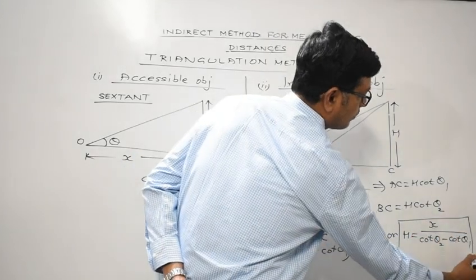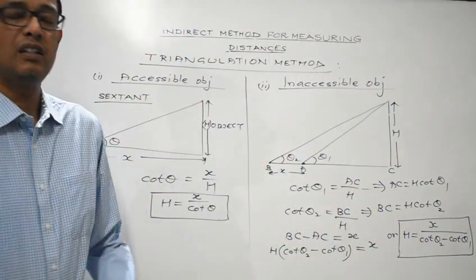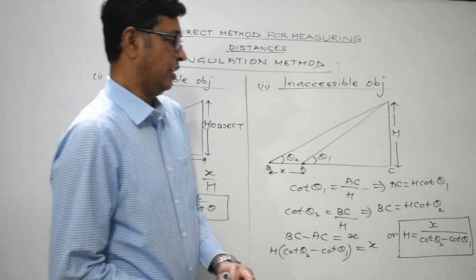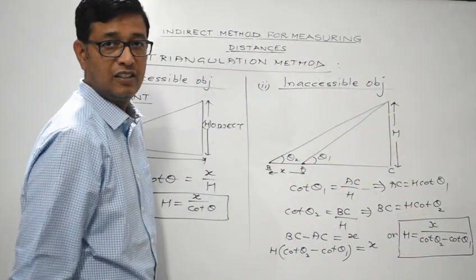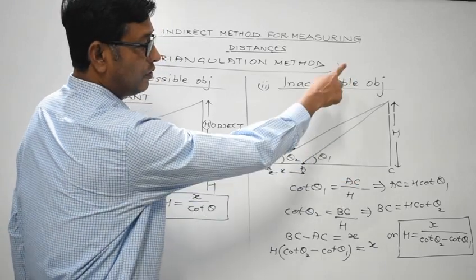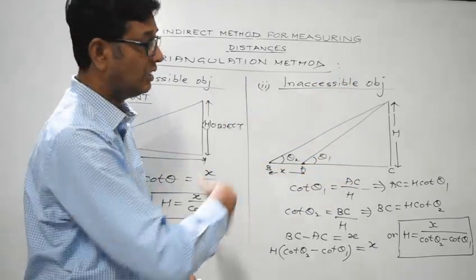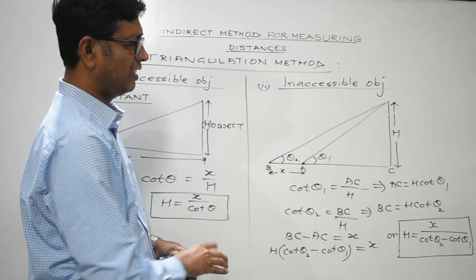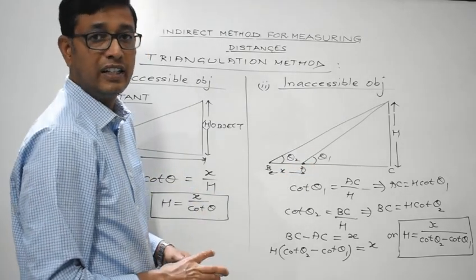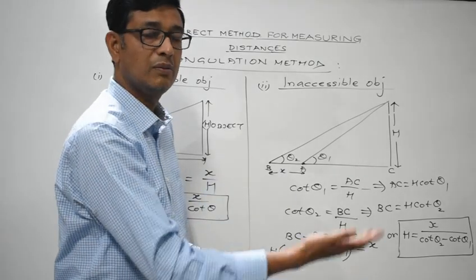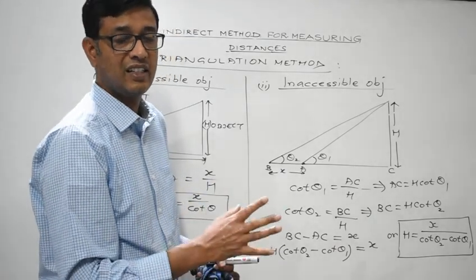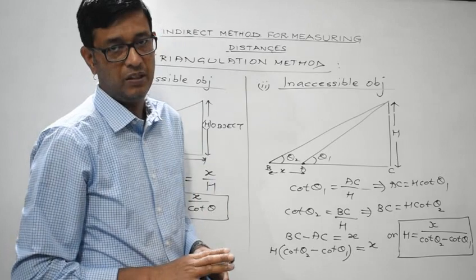So this is the mathematical expression in which if you substitute the values of theta 1, theta 2 and x, you can easily get the height of that inaccessible object. So this is again a very simple indirect method for measuring the height of an accessible or inaccessible object by using a sextant and the triangulation method.